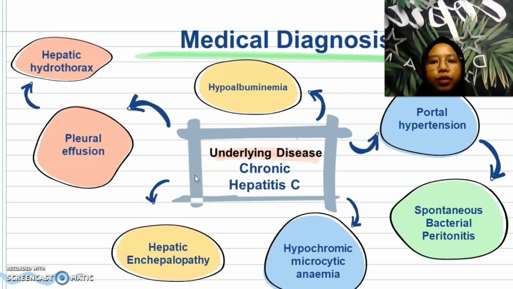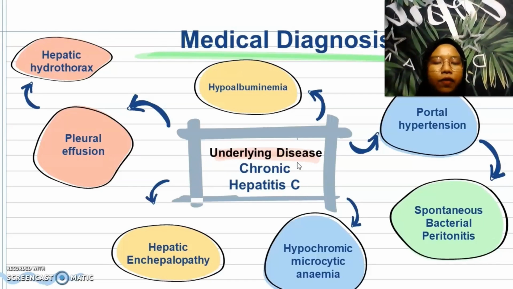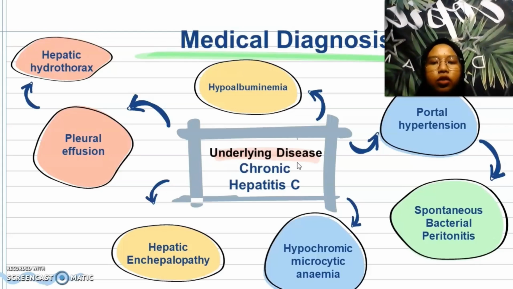Now we move on to the medical diagnosis part. Previously, Mr. T had been diagnosed with chronic hepatitis C, possible chronic liver disease and portal hypertension. Chronic hepatitis C is actually an underlying disease. This underlying disease can cause many other diseases such as pleural effusion, which will lead to hepatic hydrothorax.